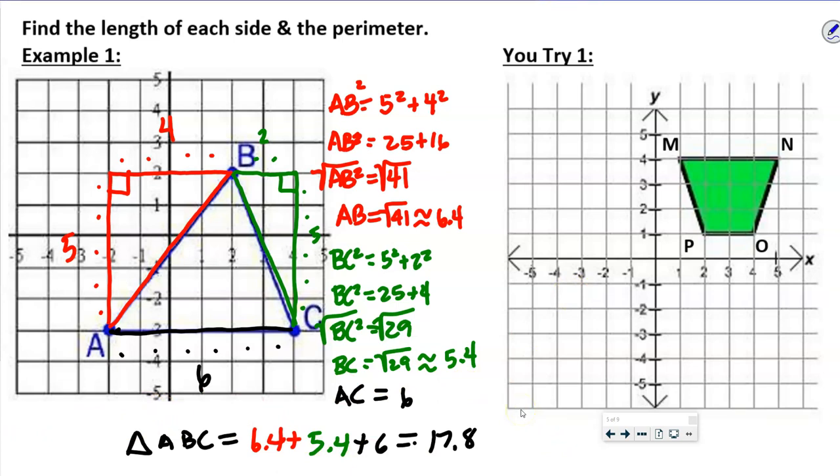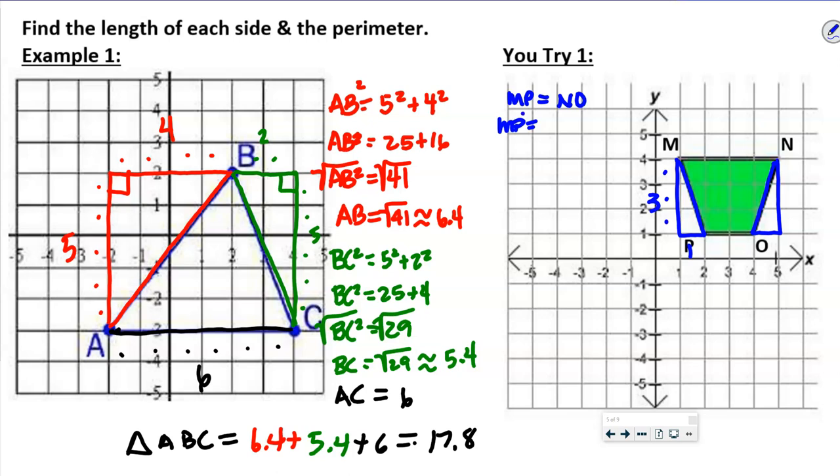Okay, so over here, I realize that the lengths MP and NO are going to be the same, right? MP is equal to NO. So I'm just going to count 1, 2, 3, and 1. So this is 3 and 1, and I'm just going to find MP.